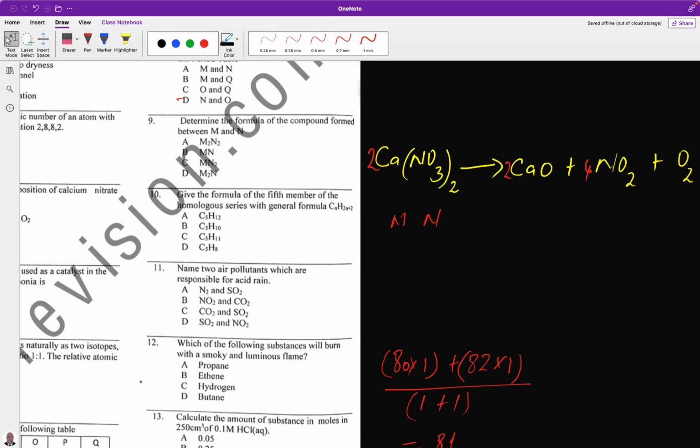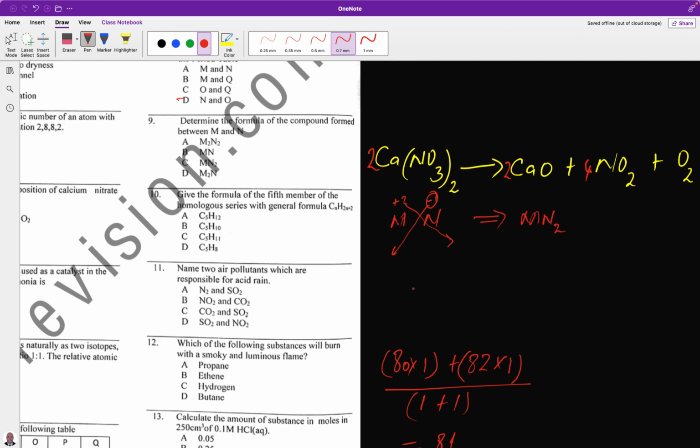Group 2 elements have a valency of +2, and group 17 elements have a valency of -1. This is one method: we can swap the valencies, so the 2 goes to N, and our result will be MN2. That is method number 1.